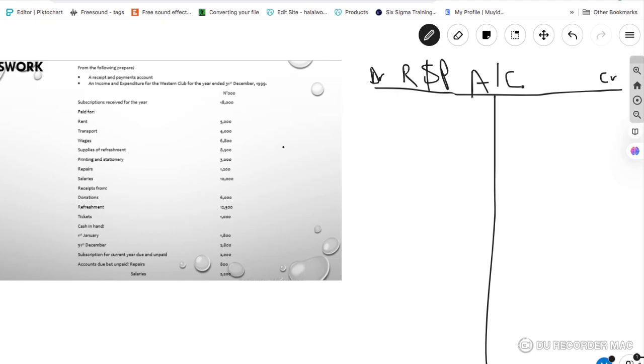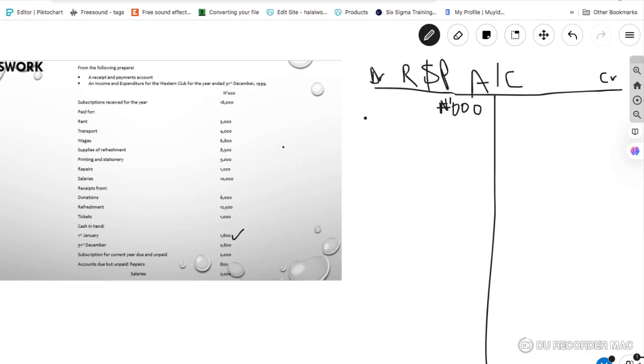So we have cash in hand as at the beginning of the year, 1st of January, 1,800,000. Let me put the naira sign. Please don't forget to interpret appropriately. So this is in thousands, so I'm going to be putting the thousand sign here, with the naira sign too.